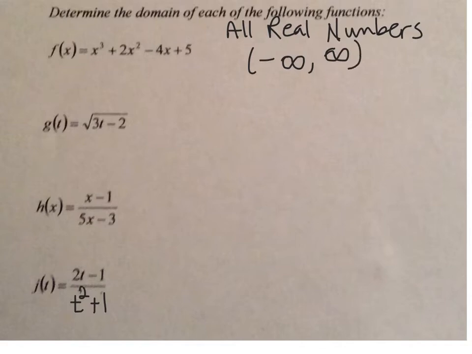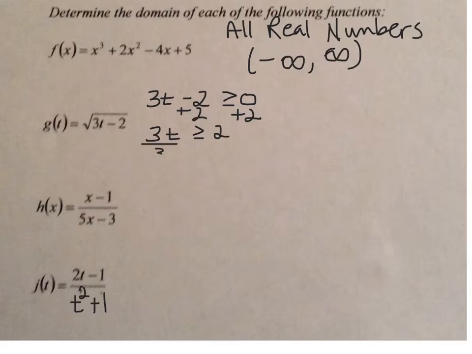All right, let's look at this next one. I have a radical. It's a square root. So I want to make sure I don't have a negative under the radical. I take the radicand, 3t minus 2, and set that greater than or equal to 0, and I solve. The expression that I get when I solve tells me my domain. I add 2 to both sides, so I have 3t is greater than or equal to 0 plus 2, which is 2.